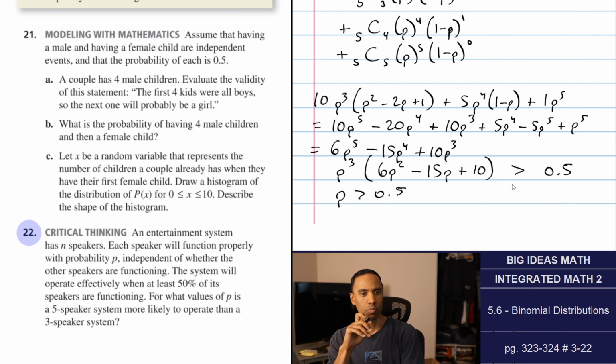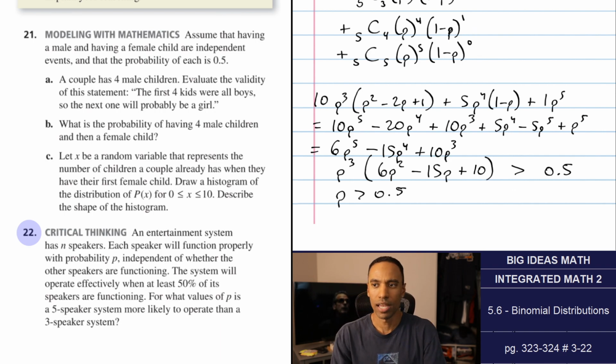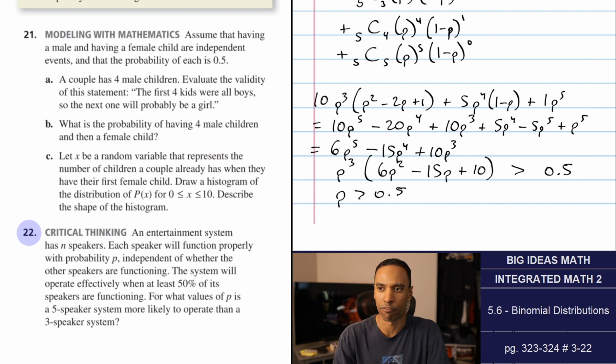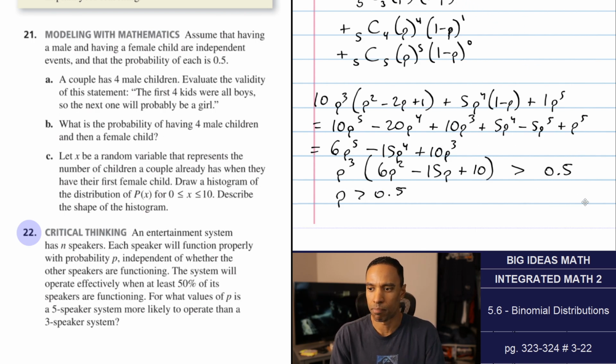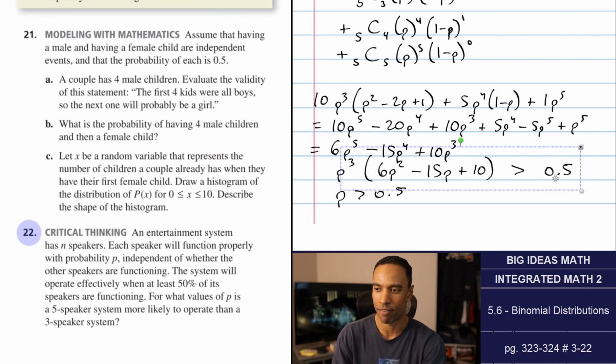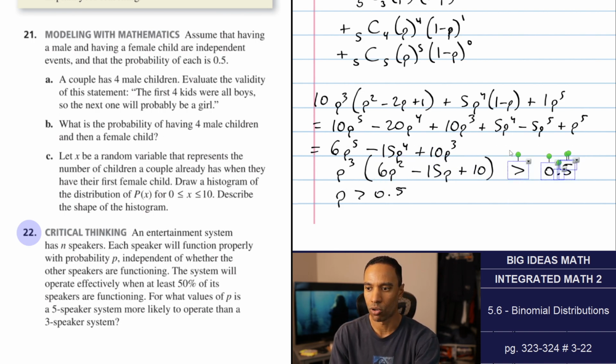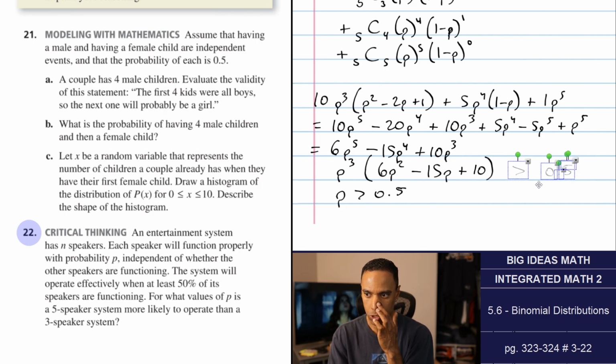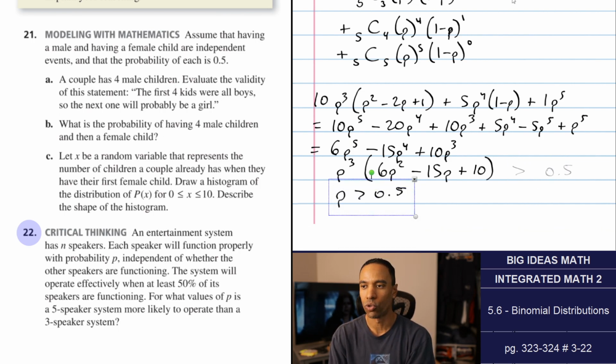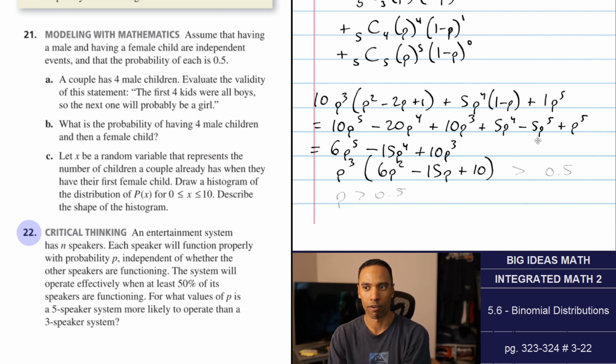Maybe that's not what I was supposed to do. I don't think I'm supposed to be comparing to 0.5 at the end. I think my goal is to use the 0.5 for the number of speakers that need to be working, and then look at the percentages in the breakdown of the model. So let's ignore that part for now.